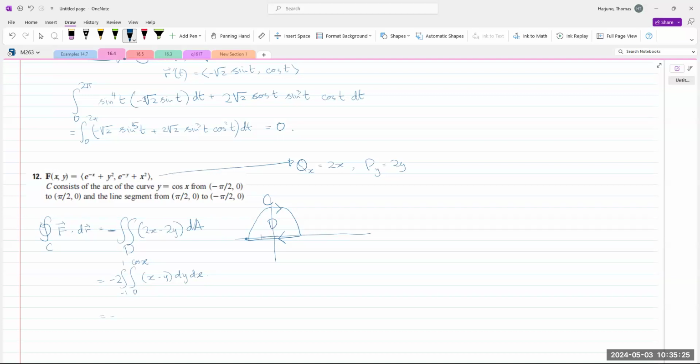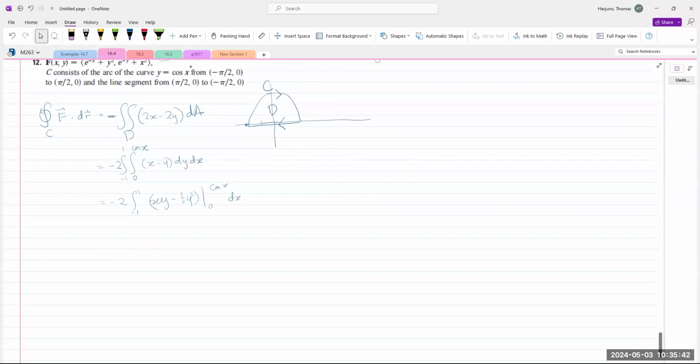Okay, so this is negative 2 times the integral from negative 1 to 1 of xy minus 1/2 y squared from 0 to cosine x dx. That's negative 2 times the integral from negative 1 to 1 of x cosine x minus 1/2 cosine squared x dx.